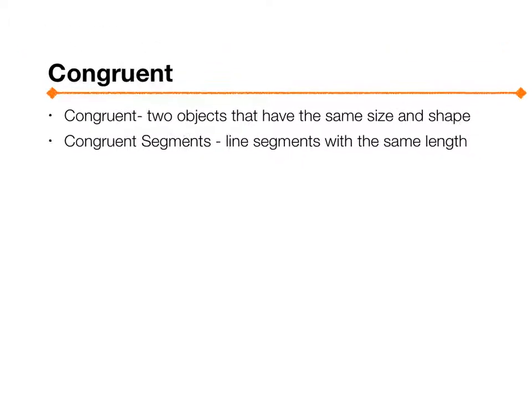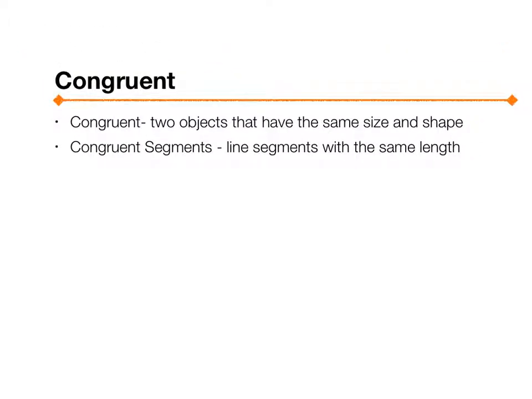Congruent. Congruent, two objects have the same size and shape. That's what it means to be congruent. So if we have a line segment here and a line segment here, this is segment AB, this is segment DC. If these two segments are congruent, then we put tick marks in the middle of them to show that they're congruent.